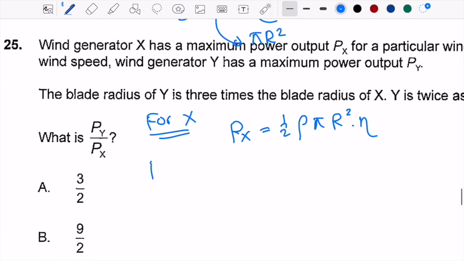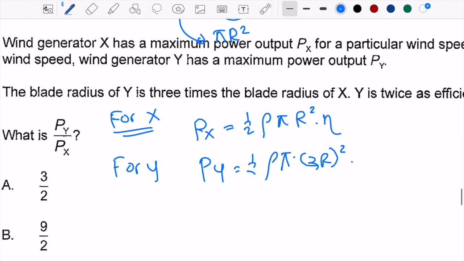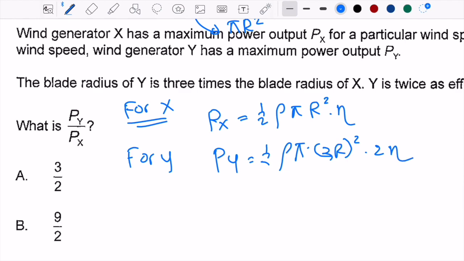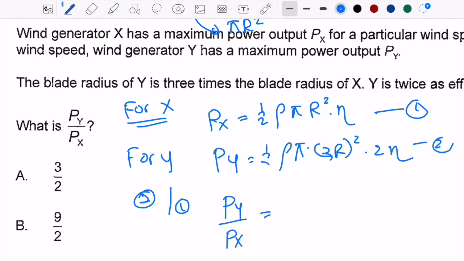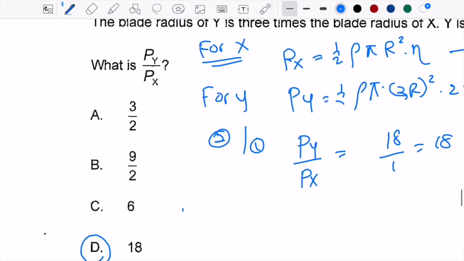And for Y, power of Y is half rho pi 3 times 3r squared. Efficiency is also twice, right? So if I divide 2 by 1, power of Y to power of X will come to 18/1, or 18 times. So question number 25, answer should be D.